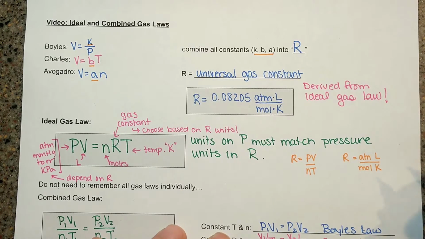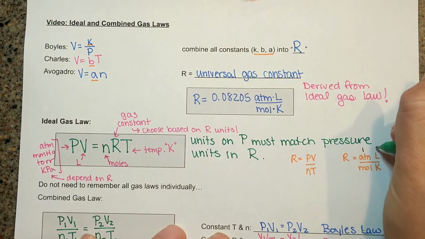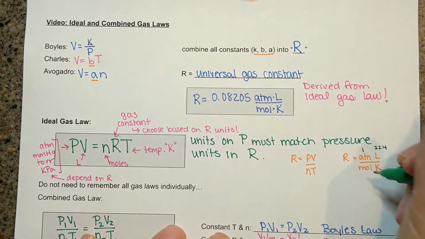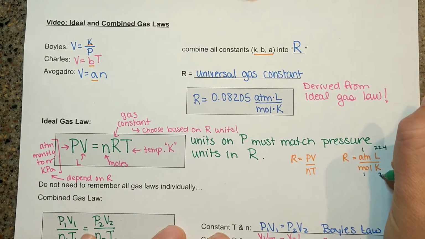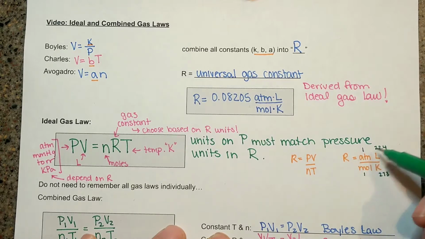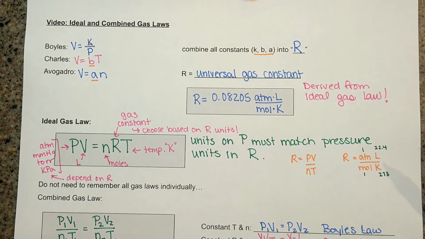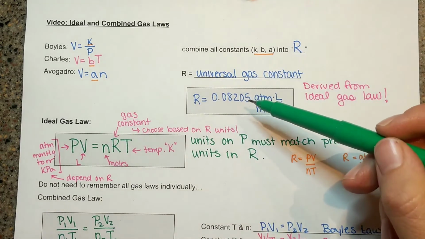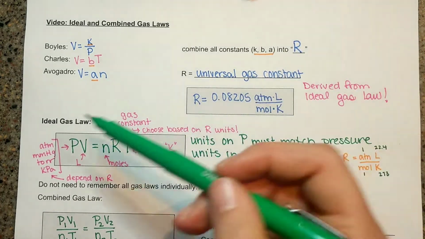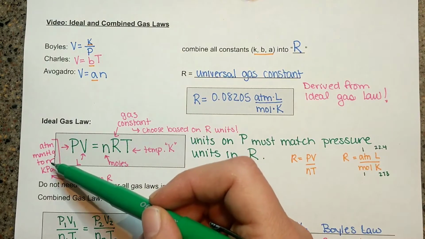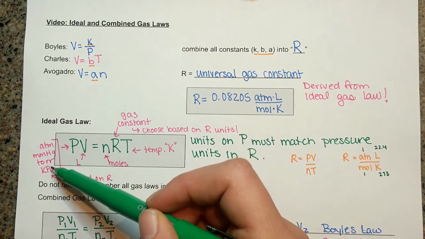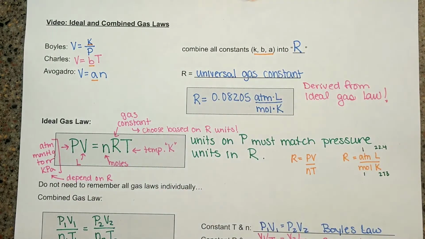So if we had 1 atmosphere, 22.4 liters, 1 mole, and 273 Kelvin, when we multiply and divide those, that's where we get these numbers from. So we can get an R value for atmospheres, we can get a constant for millimeters of mercury, for torr would be the same because they're the same units, for kilopascals.